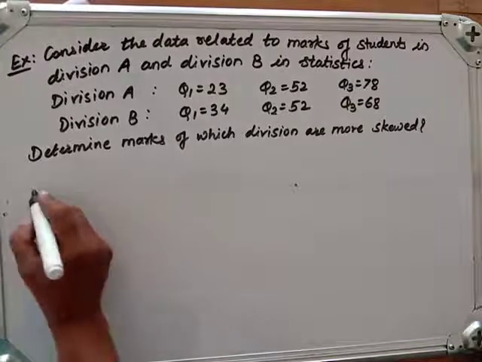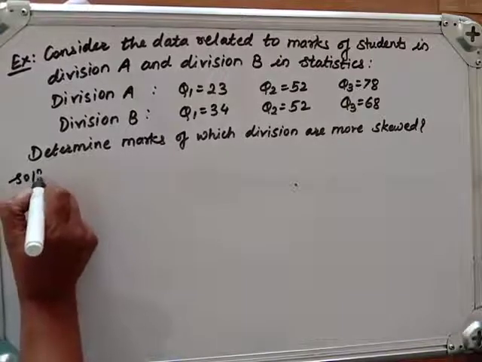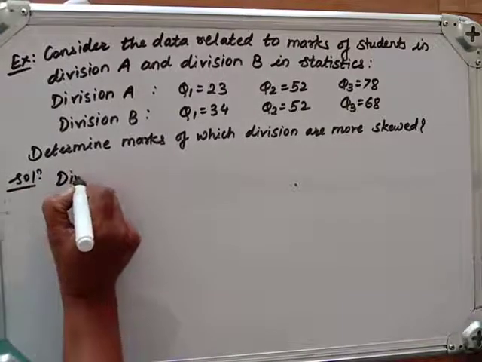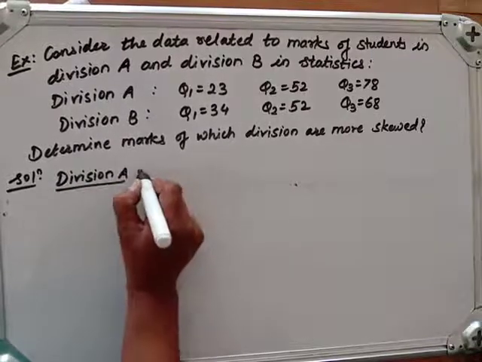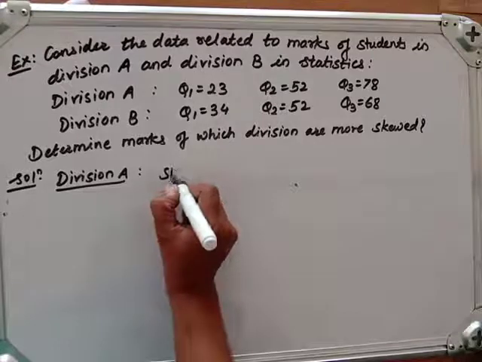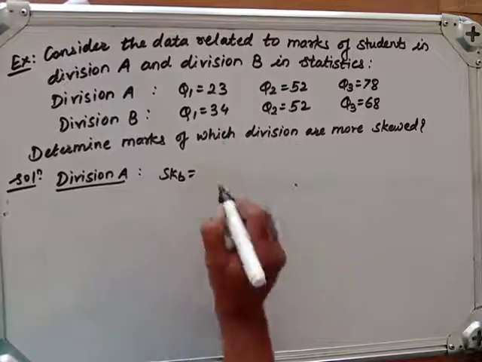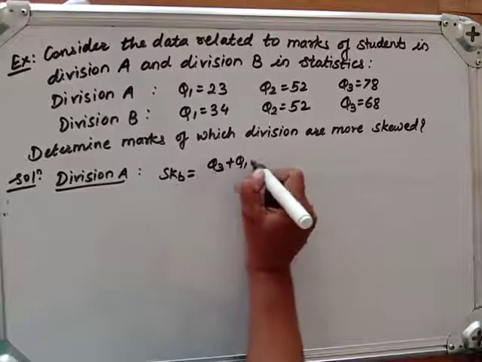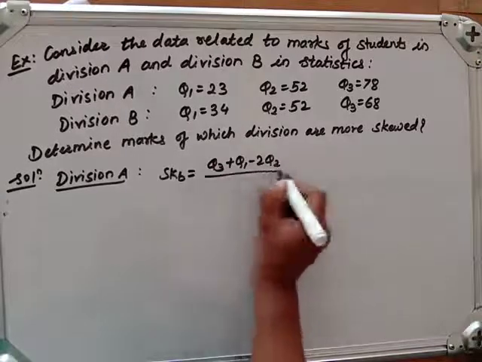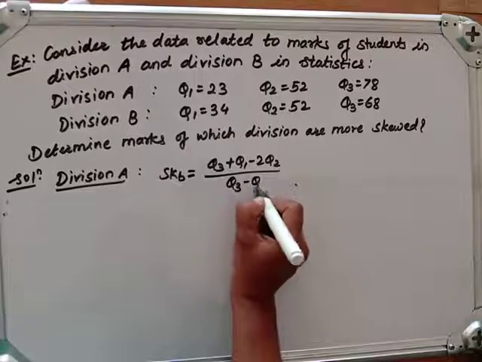Now solution. Let me find for division A first. For division A, what is SKB? Obviously Q1, Q2, Q3 are given, so SKB we are finding. Q3 plus Q1 minus 2Q2 upon Q3 minus Q1.